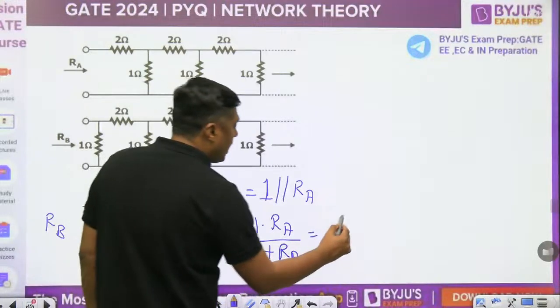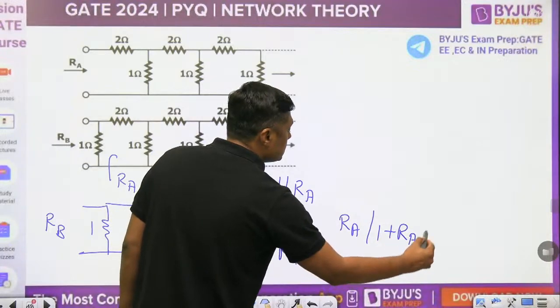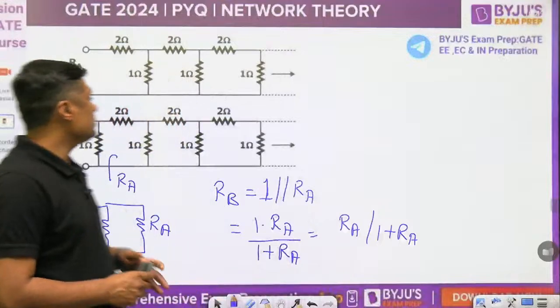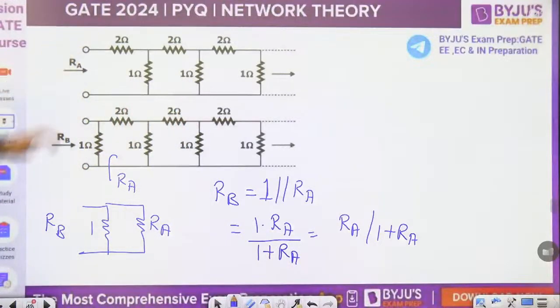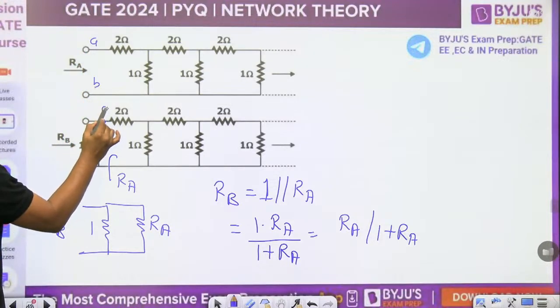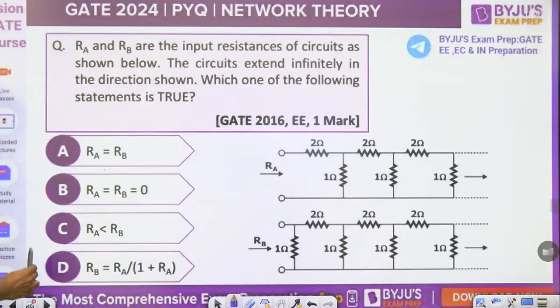That is nothing but RA upon 1 plus RA. That is the relation between RB and RA. So simple. Now watch the network. This point is A and B. Complete network is replaced by RA. This answer is correct. D is the correct answer for this question.